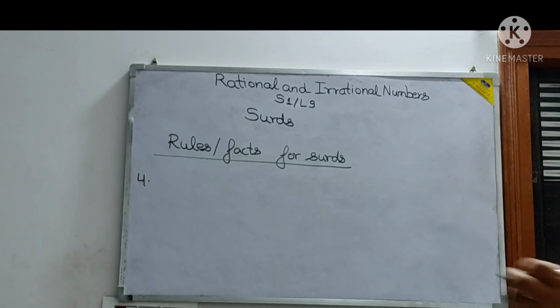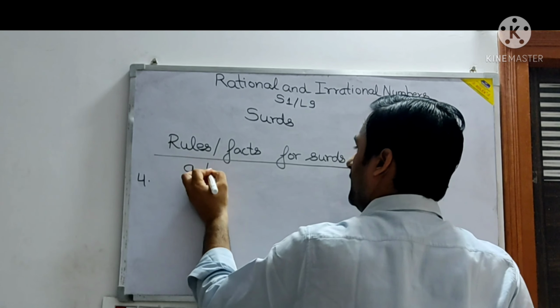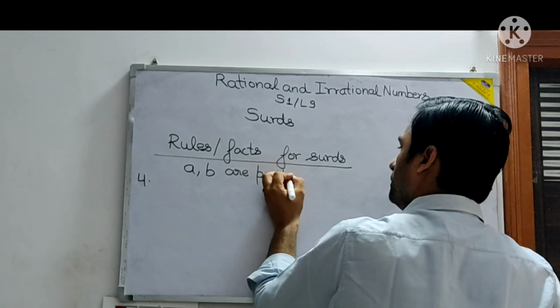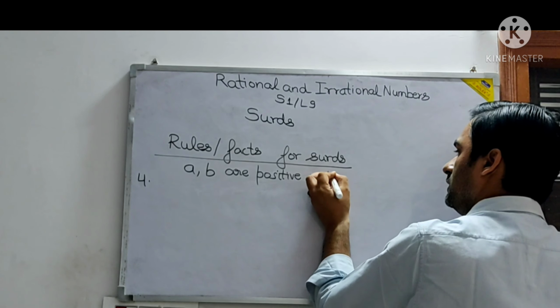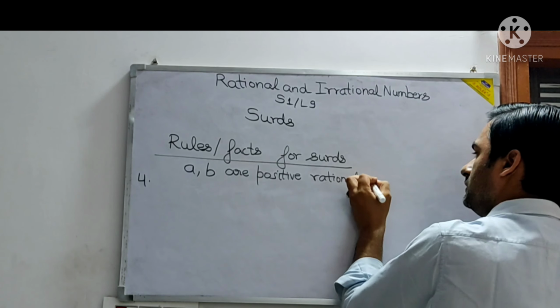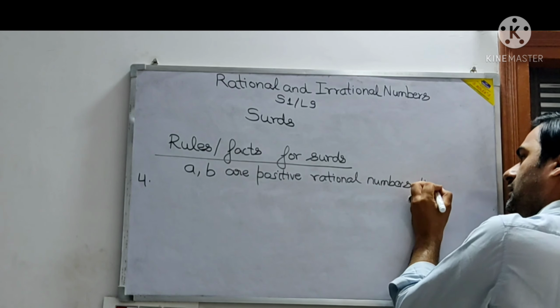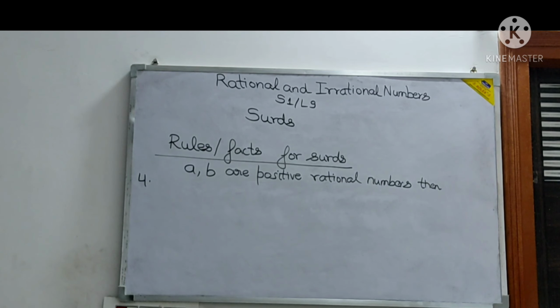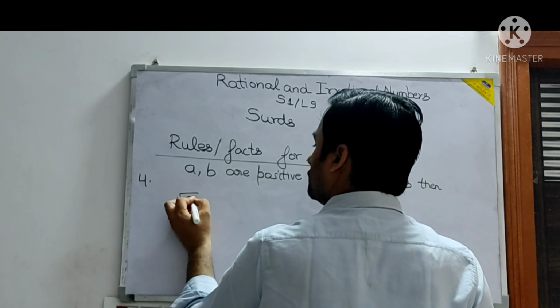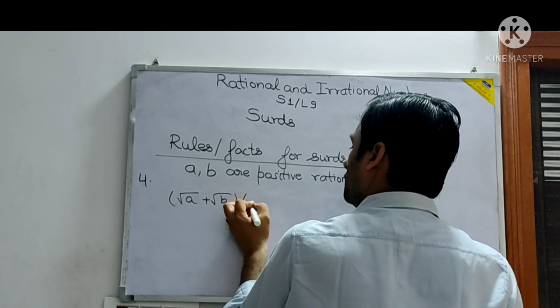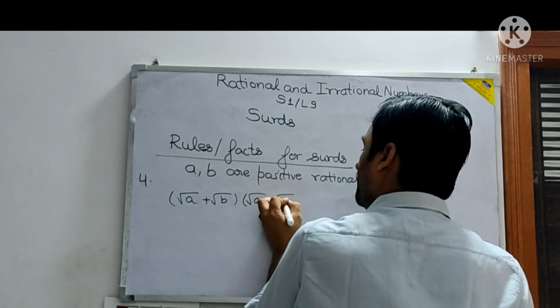If A and B are positive rational numbers, then what you can say? We can say that root a plus root b and root a minus root b.